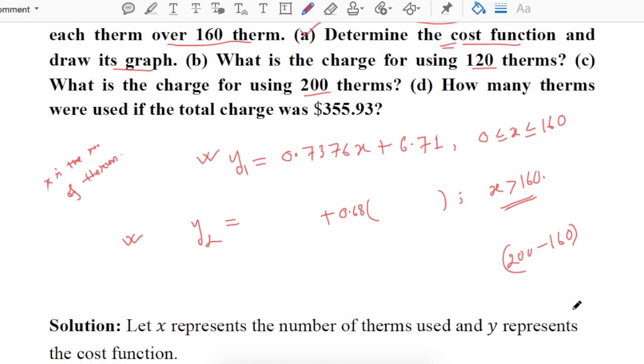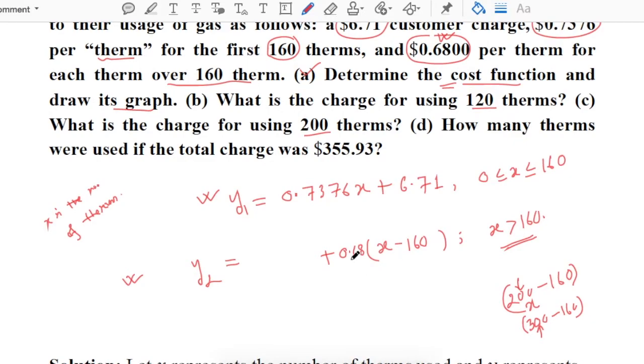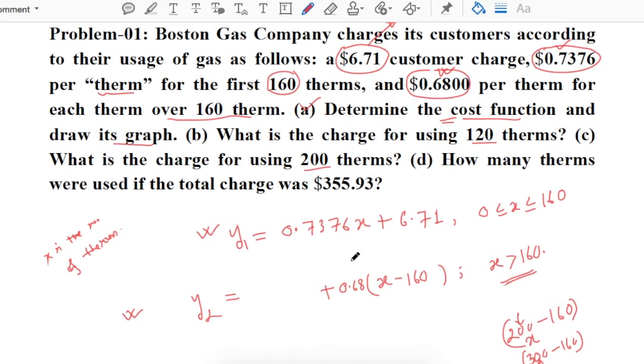If you are using 300 therms, the remaining part will be 300 minus 160. Since we are looking for a cost function, instead of 200 or 300, we need to put the variable x, since x indicates the number of units. So x minus 160 times 0.68.